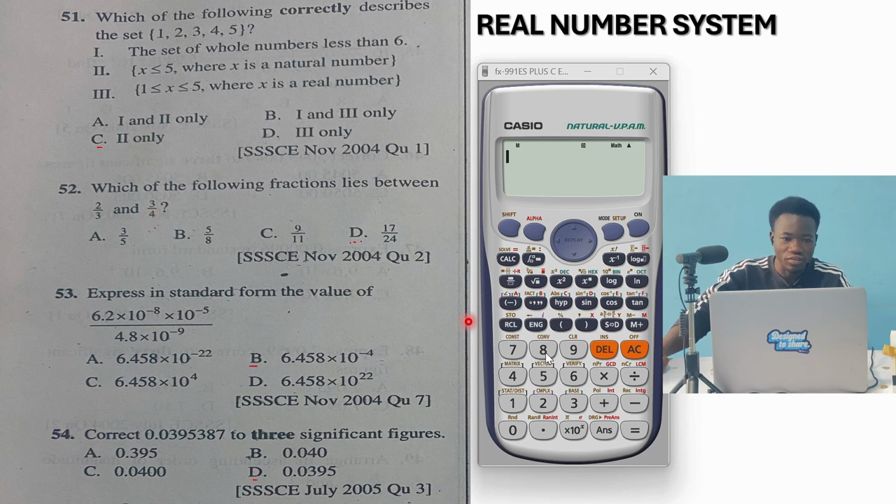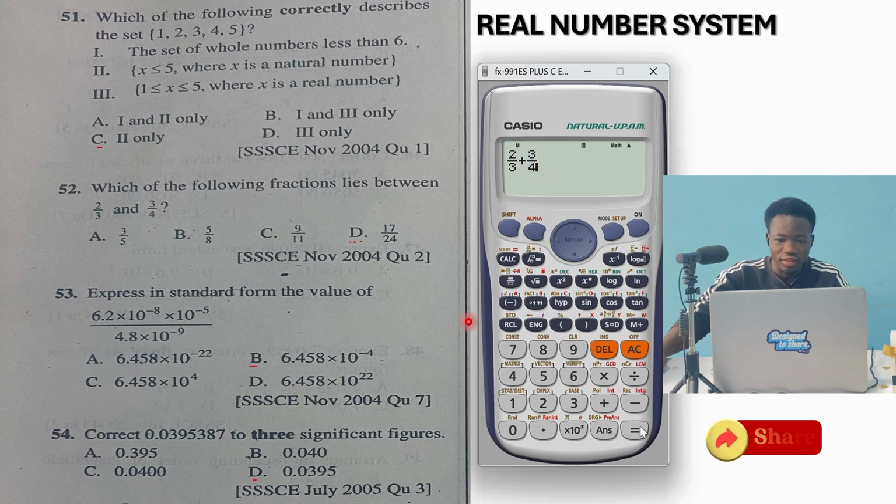Here we can now use the calculator. So you type 2/3 plus 3/4. You press the equal sign. Now you have 17/12. This is the total.